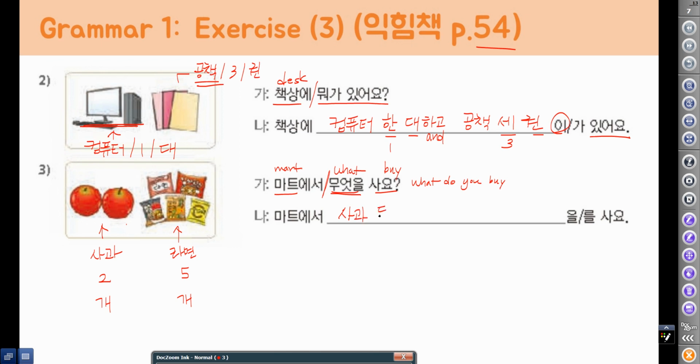How many? 2. Counter 개하고. What is it? Next one. 라면. How many? 5. Counter. 개를 사요. 를 for nouns that end in a vowel. 마트에서 사과 2개하고 라면 5개를 사요. Great job.